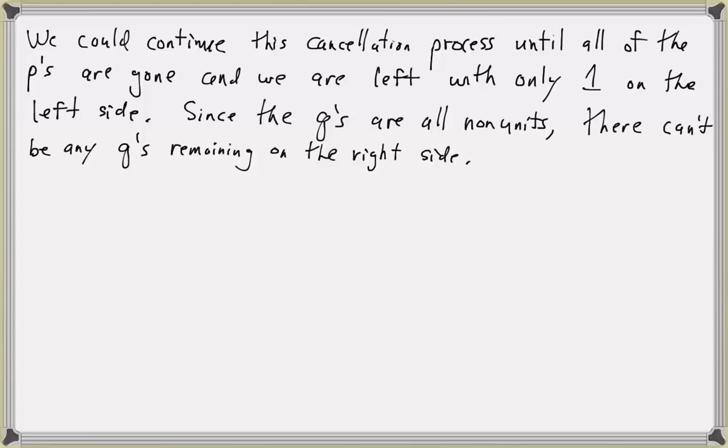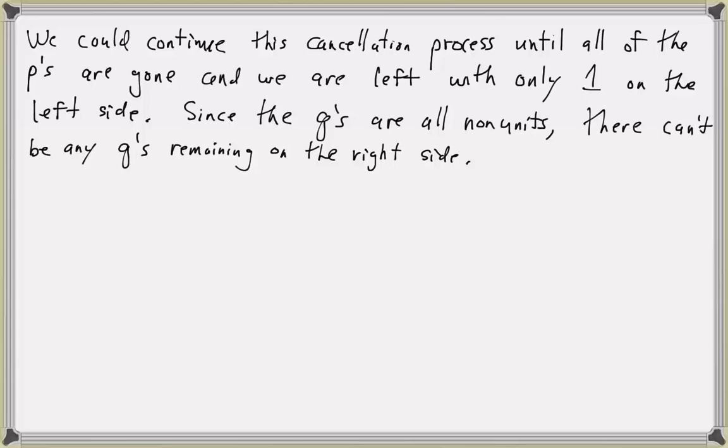You can't have a bunch of products of non-units be equal to the identity, because that would prove that they're actually units. So once all the p's are canceled, we see that all the q's are canceled, and all we have on the right hand side are some units.